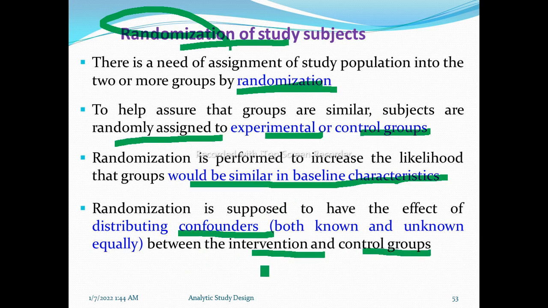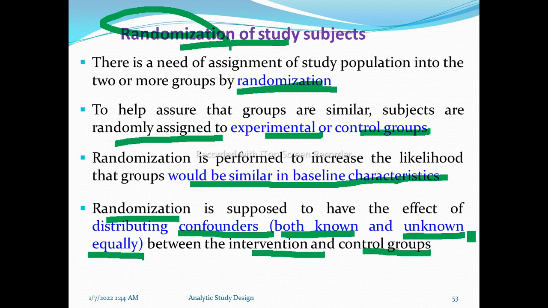By the way, one of the main importances of randomization is the equal distribution of confounding, both known and unknown. In other methods, such as matching, we distribute only known confounding factors, but the main purpose of randomization is that it also covers unknown ones.